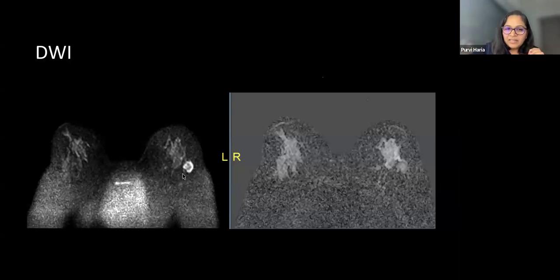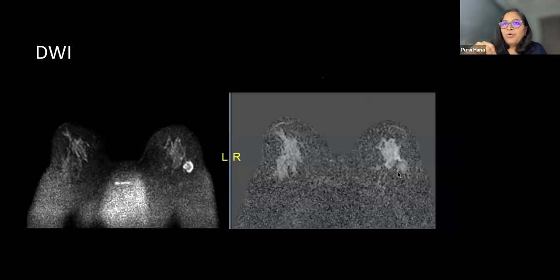When we say there is restricted diffusion, that means there is less mobility of this hydrogen. How do we see it? We see a bright signal on diffusion, and on the ADC map we see a dark signal drop. When these two are present, a bright signal on diffusion and a drop in ADC, this is true restricted diffusion.